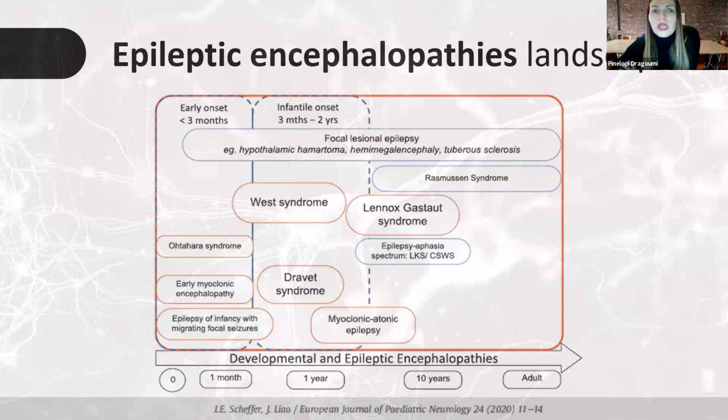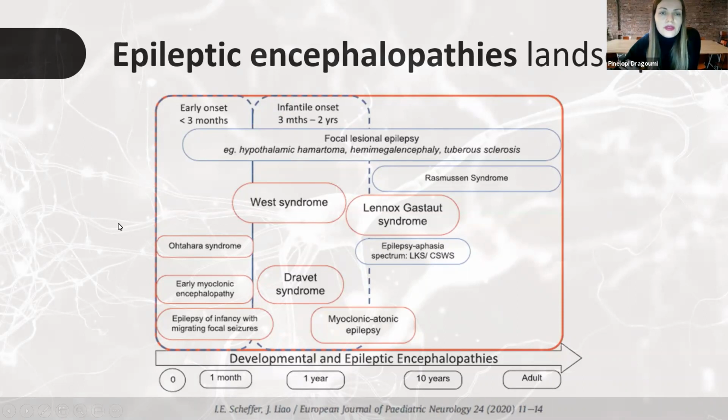And then we have the epileptic encephalopathies landscape, which starts from the first day of life, and it can move on to adulthood, but mostly you see that most encephalopathies are a feature of early childhood.